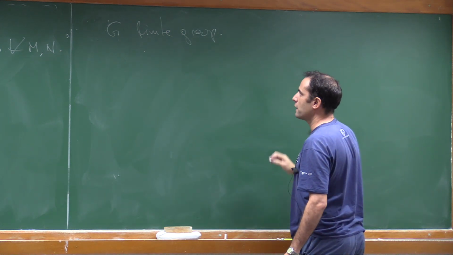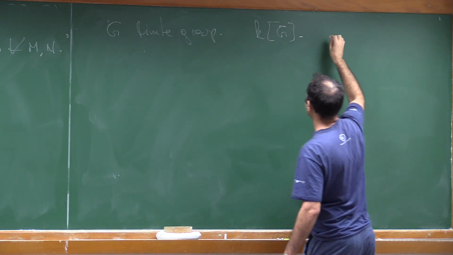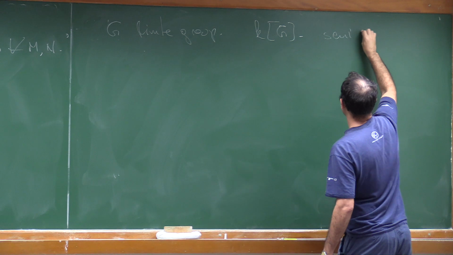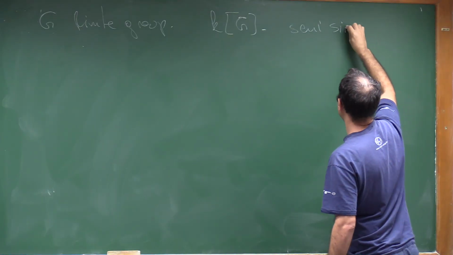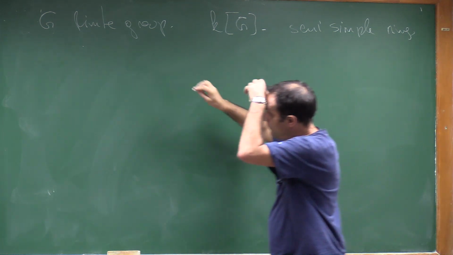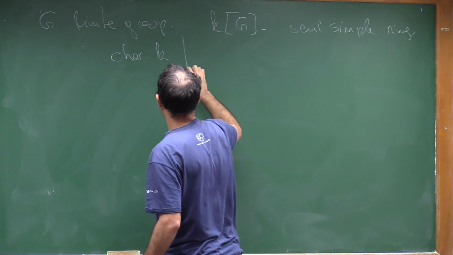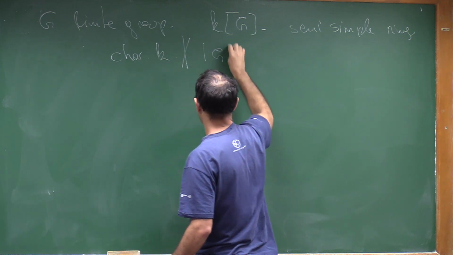So if G is a finite group, and K is any field, then K[G] is a semi-simple ring. Well, that's actually false. It is a semi-simple ring if the characteristic of the field does not divide the order of the group.